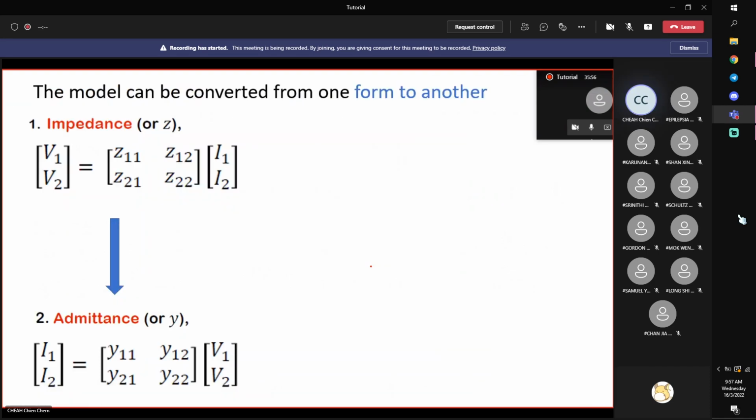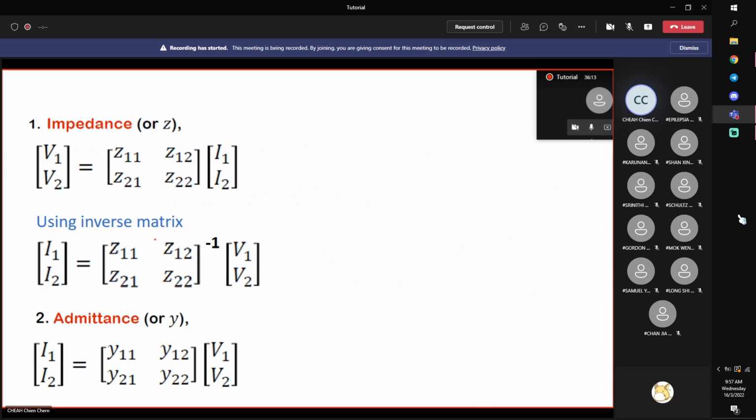The next thing I want to discuss is that the model can be converted from one form to another. For example, suppose you have an impedance model and you want to convert it to an admittance model. Then you can just use matrix theorems: calculate the inverse of this matrix. 2 times 2 is quite easy to calculate.